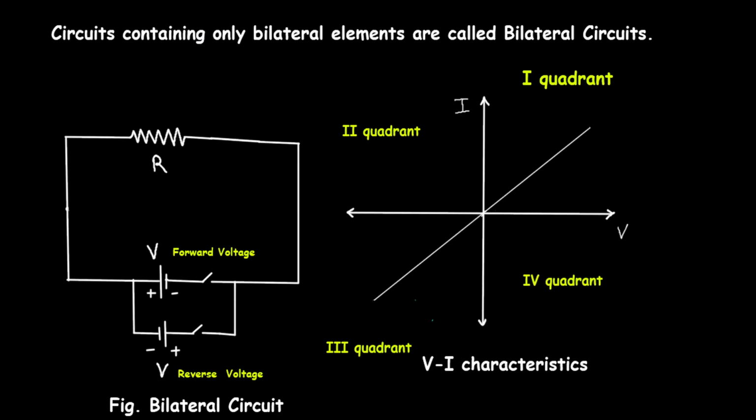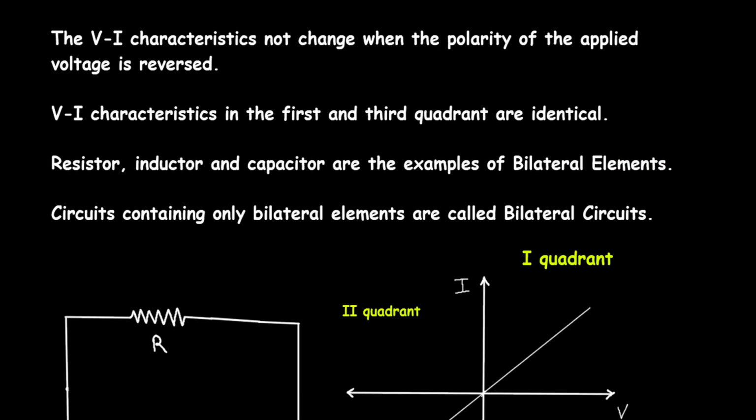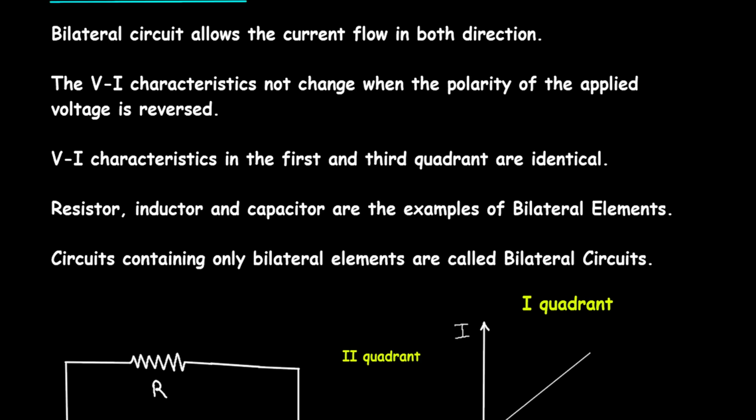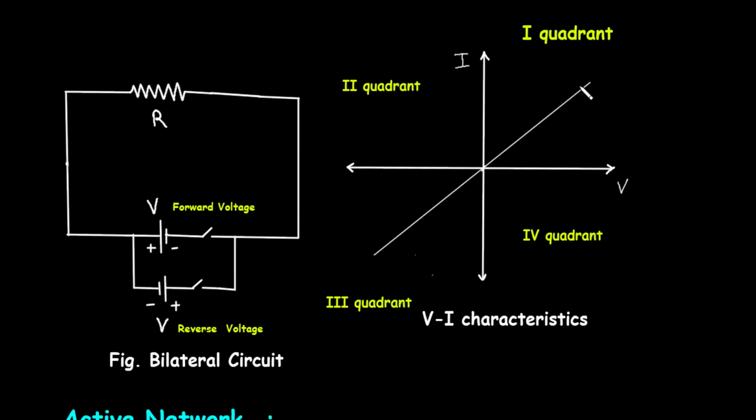Here we can see this is the VI characteristic of a bilateral circuit. We are getting the straight line. This is the VI characteristic when the forward voltage is applied, and this is when the reverse voltage or reverse bias is applied to the circuit.